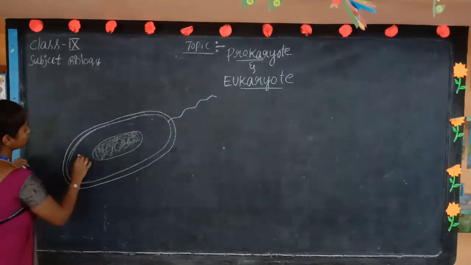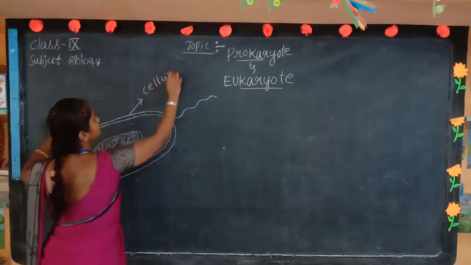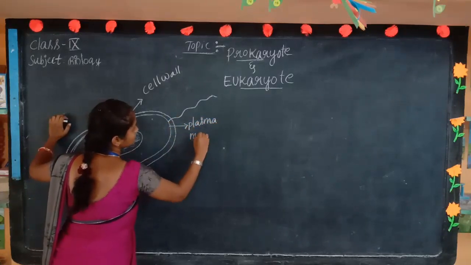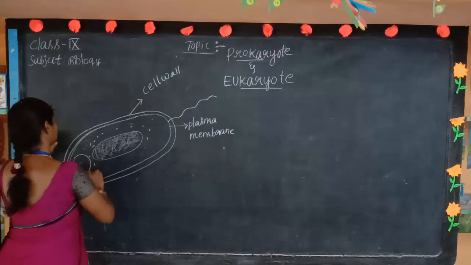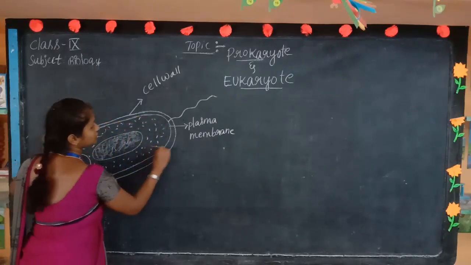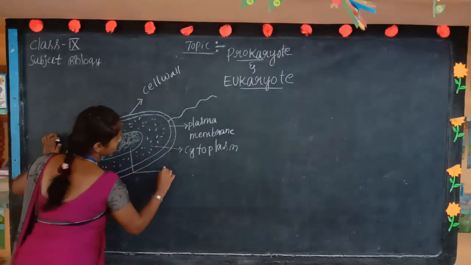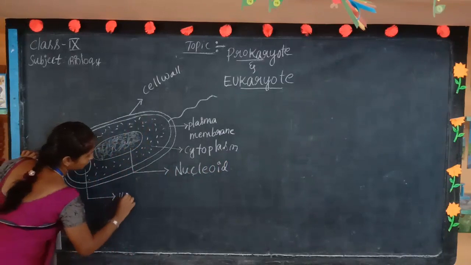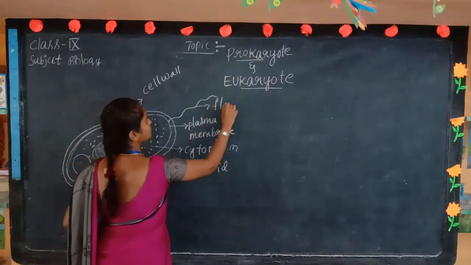Yes, this is the prokaryotic cell. Now the parts: cell wall, plasma membrane, and the dotted structure is nothing but cytoplasm, and this is the nucleoid, and this is the vacuole, and this is flagella.